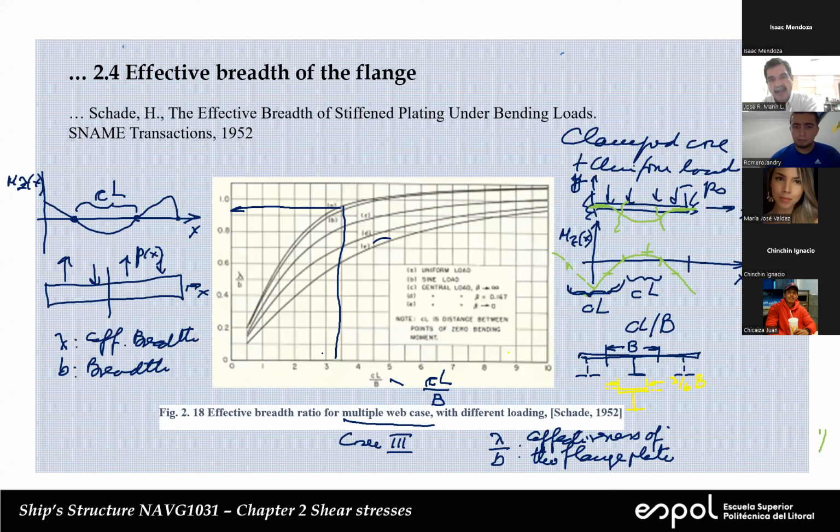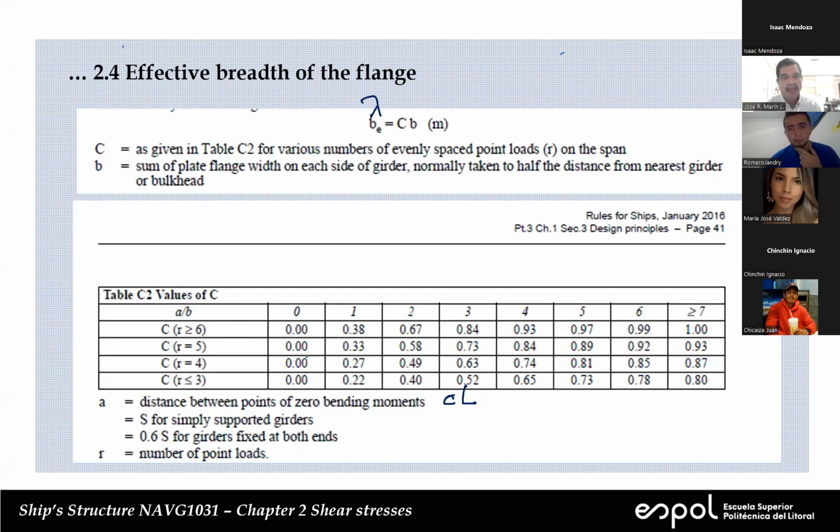See? cL is the distance between points of zero. And B, it says, is the sum of plate width on each side of the girder. So basically this is our B, on each side of the girder. And it says normally taken half the distance from the nearest girder or bulkhead.